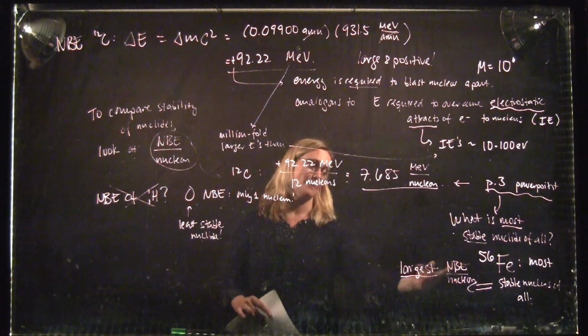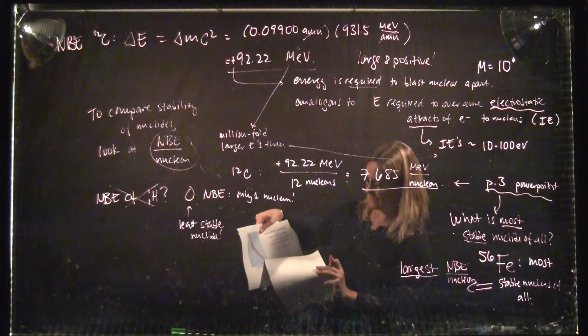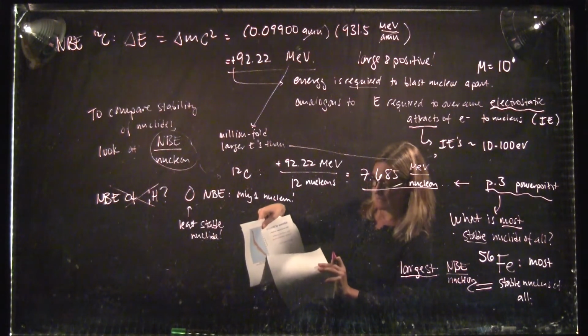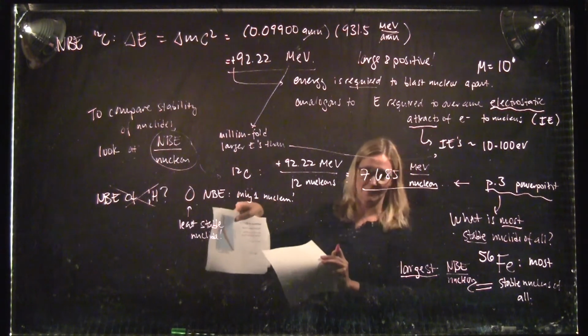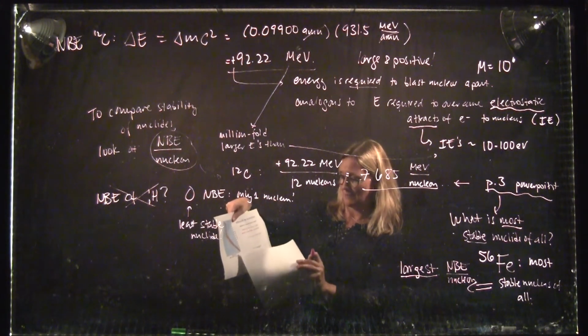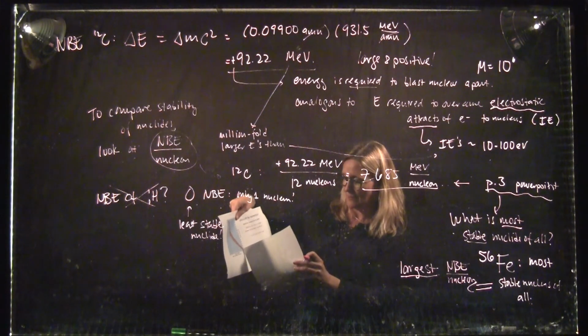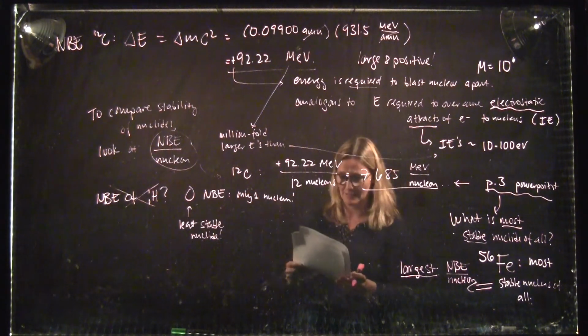So especially above iron, but even below iron, there are unstable nuclides at each proton number. So remember that the proton number is what defines an element. So each column here would be a different element. And so at, for example, 10, there would be stable nuclides, but then many unstable nuclides.